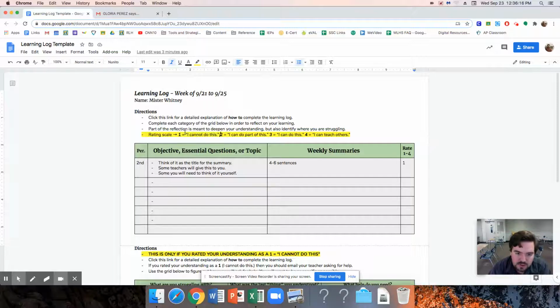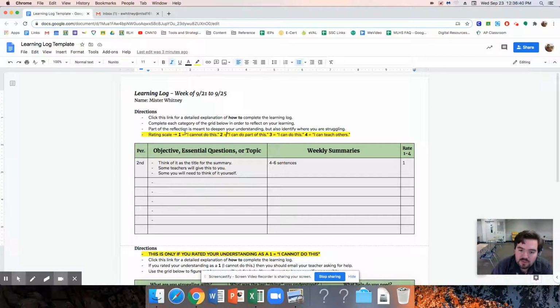Now, a 2 is, yeah, you might need some help on stuff, but you can do a lot of it, right? You just need more practice and you'll get there and you'll be able to do it. So the phrase I use: I can do part of this. Okay, I can't do it all. Whatever that topic, essential question, or objective may be, you can do part of it. You can at least get started on it.